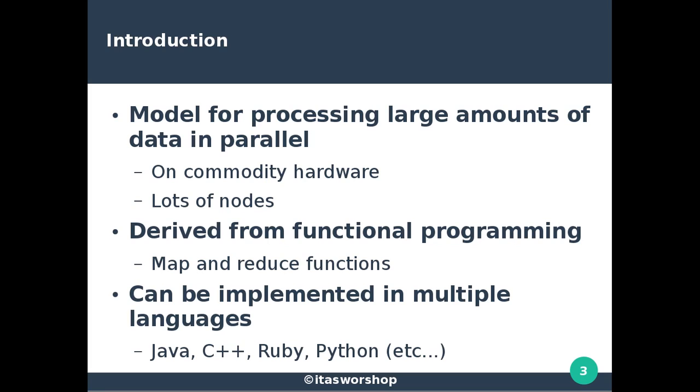This model can be implemented in multiple languages. In our examples, we'll be using Java, but you can use C++, Ruby, Python, etc. Java and Python are the most popular languages for analytics.